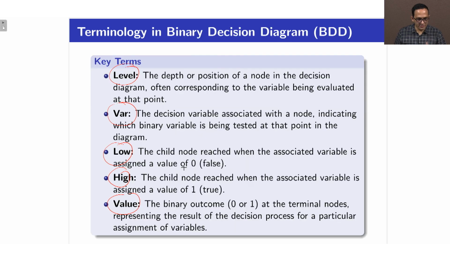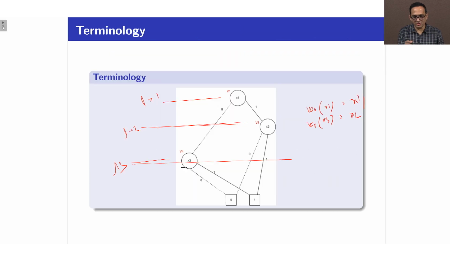Then we have low and high that I already talked about, the left and right, or low and high, whatever you say. So, low of V1 is x3, and high of V1 is x2. Usually there is no left and right, you usually have 0 and 1, so it is better to maintain low and high.